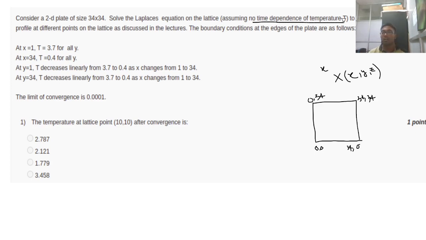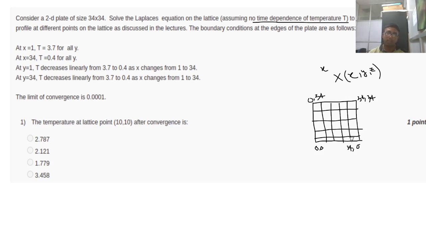So whatever solution we have for this Laplace equation will be a static solution that will not change with time. To find the temperature at different points, what we have in this plate is all the grids, which will be like a matrix, and each one of these points will have a value of temperature.